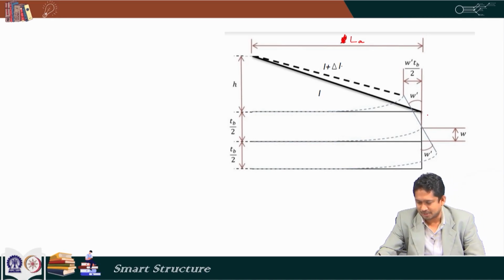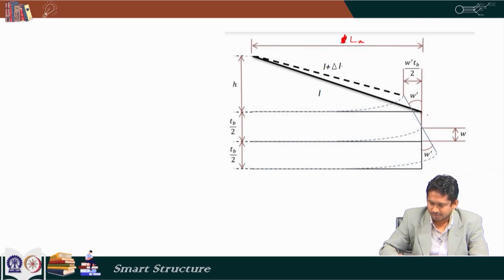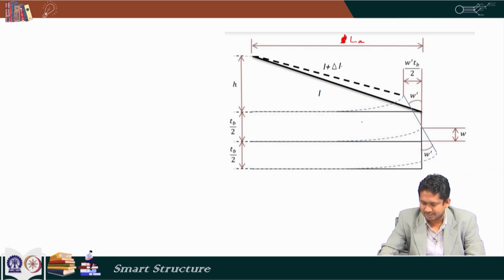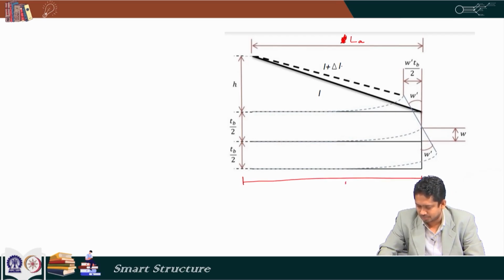To do that, let us look into the diagram. Here this portion shows only the part of the beam which is from x equal to 0 to L A.